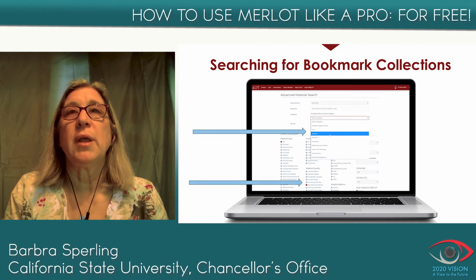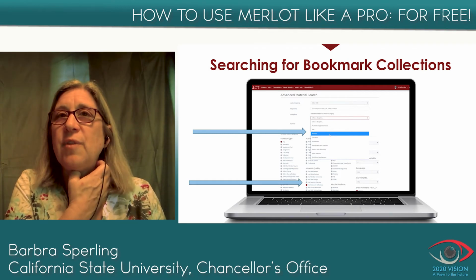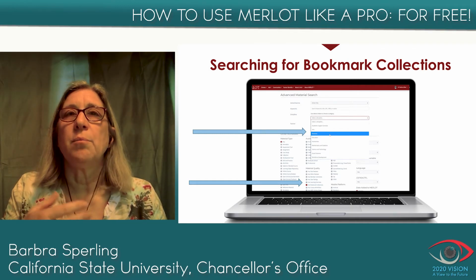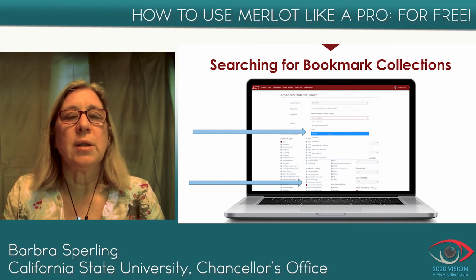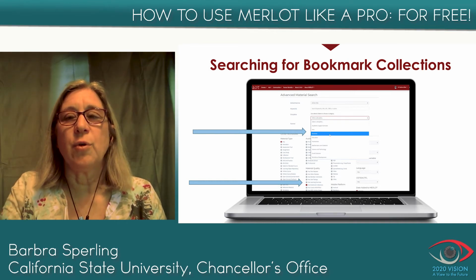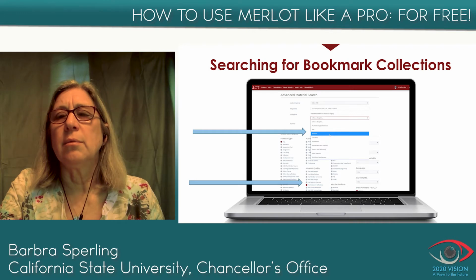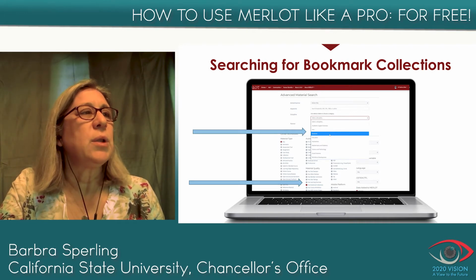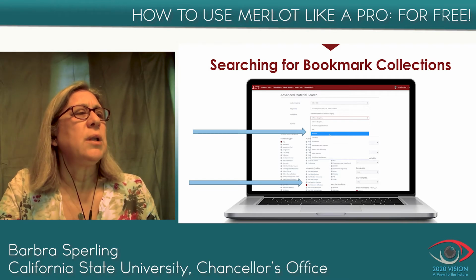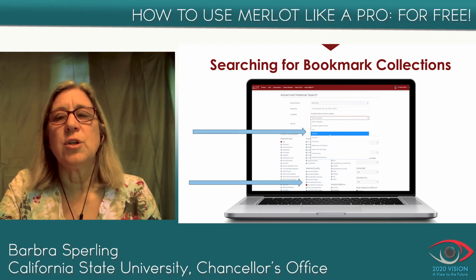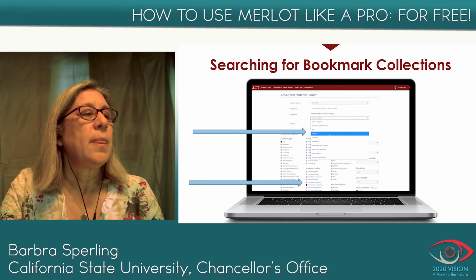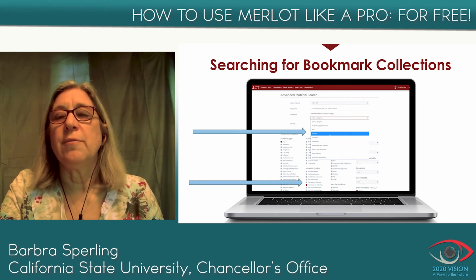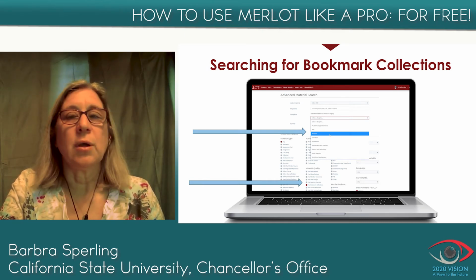That means enough people have bookmarked it that they think it's valuable to come back to, and that besides the other quality ratings, that adds a sense of value for that material. So you can search here by any discipline, and once you select a discipline, let's say you were selecting science and technology, you could then narrow your search and then select a quality for bookmark collection.